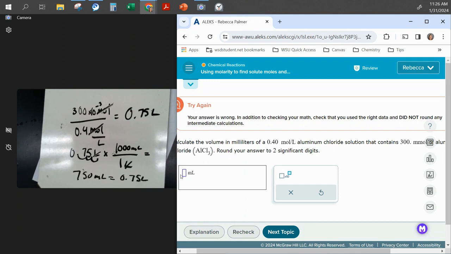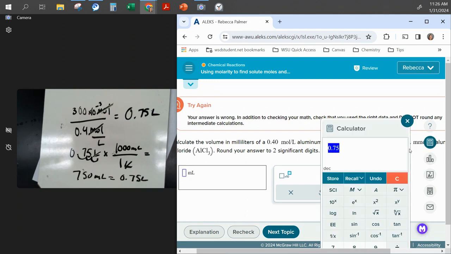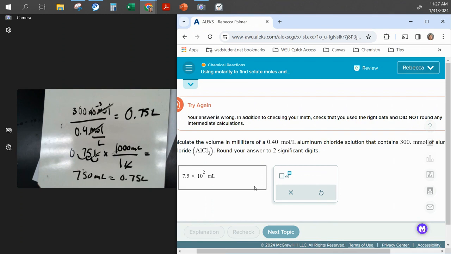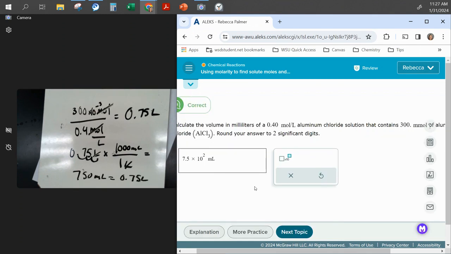Okay, so 750, and then I'm going to put it in scientific notation because I can only have 2 sig figs. Okay. All right, so this was calculating volume.